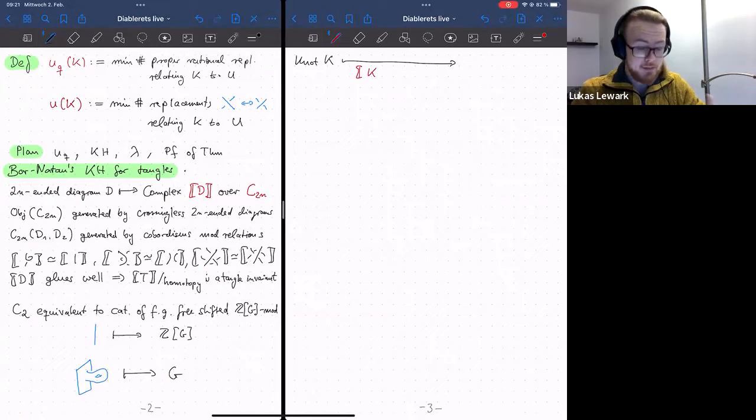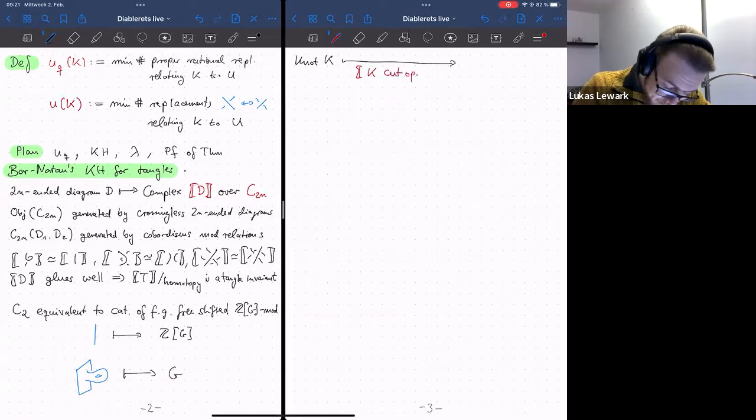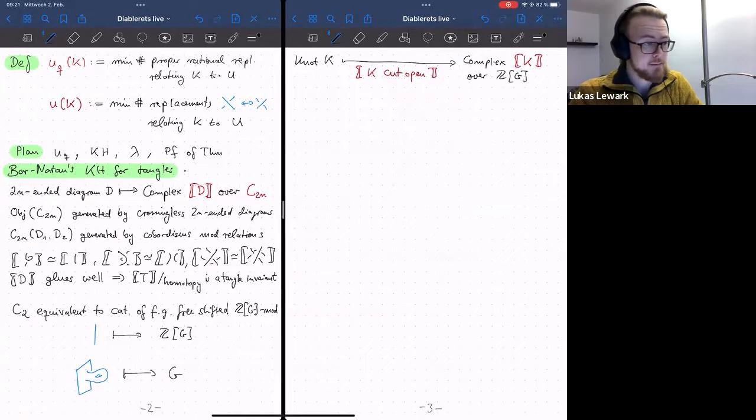So equivalently, it is over ZG. So we cut open at one point, and then we get a complex, which I write brackets K, which is a complex over ZG, which is nice because that means in particular that we can take homology there.